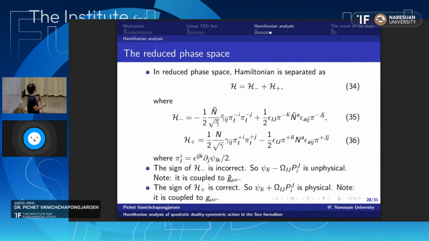So in the gauge sector we have this field, which is unphysical and is coupled to the G bar, because its kinetic energy is negative, whereas in the physical sector we have this one, and it is coupled to the physical metric.